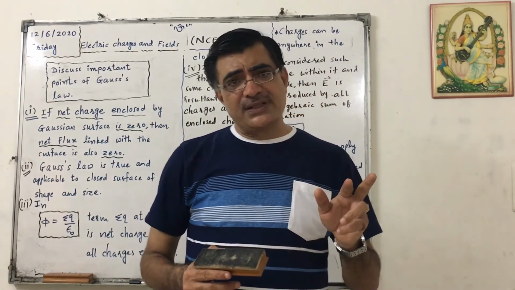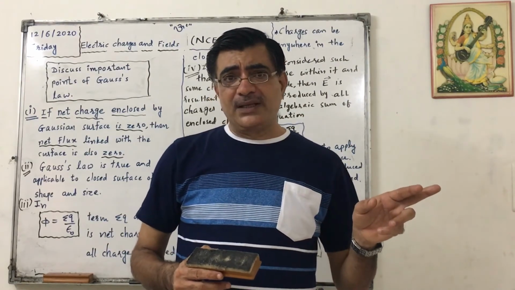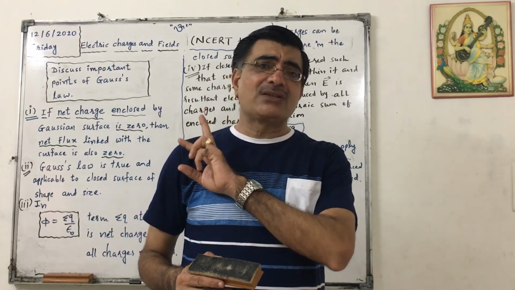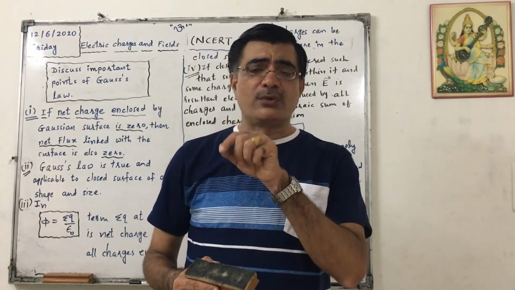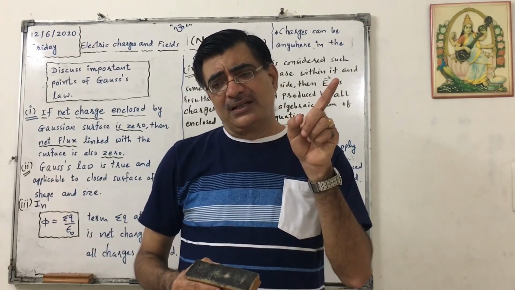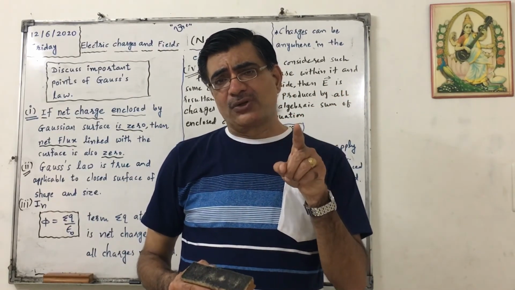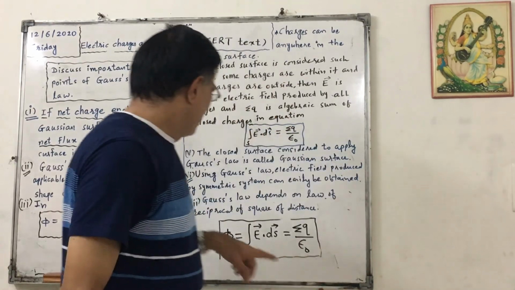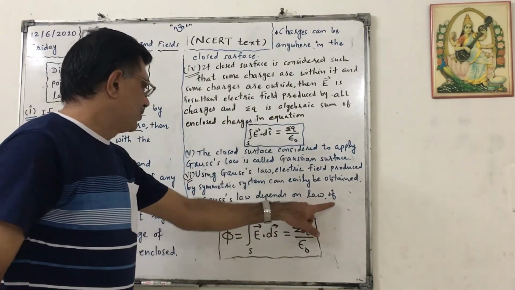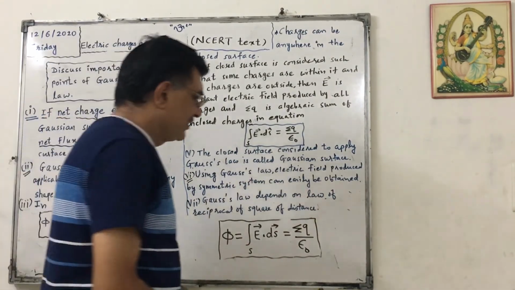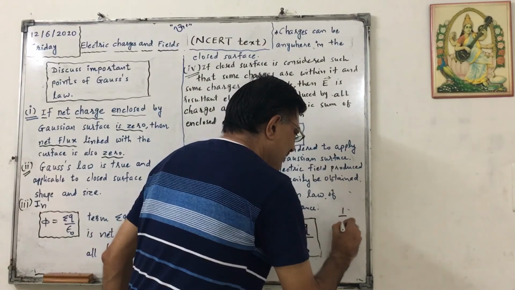So in other words, Gauss's law is the integration form of Coulomb's law. And Coulomb's law was K Q1 Q2 upon R square, a law of reciprocal of square of distance. So Gauss's law depends on the law of reciprocal of square of distance, that is 1 upon R square.